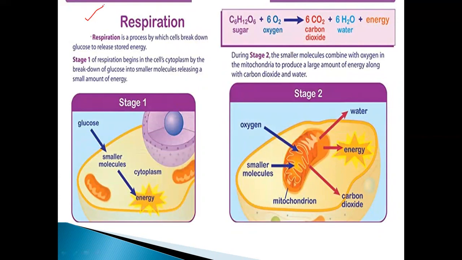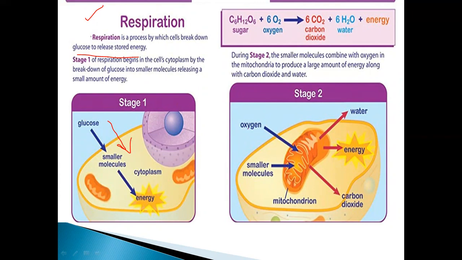Okay, let's take a look again at the respiration process. The cells break down glucose to release energy. This is the cell, and it has this nucleus, and here is the mitochondria. Glucose is broken down into smaller molecules and energy is released.